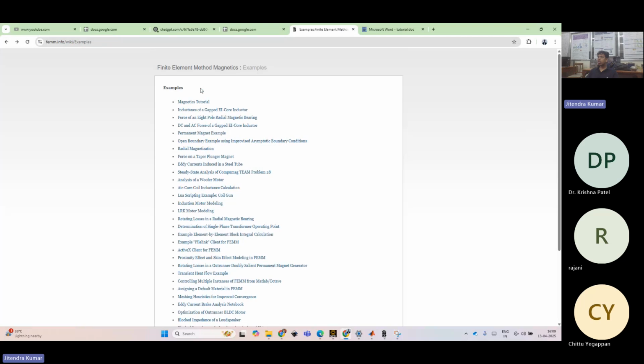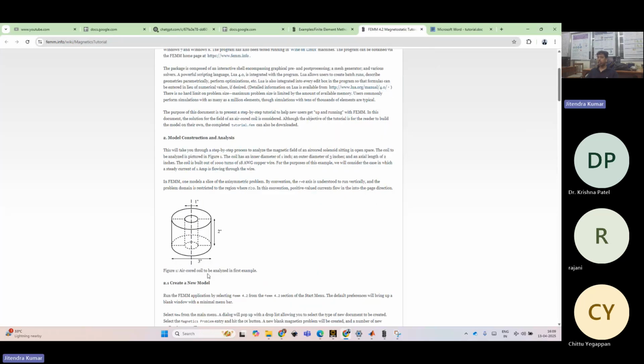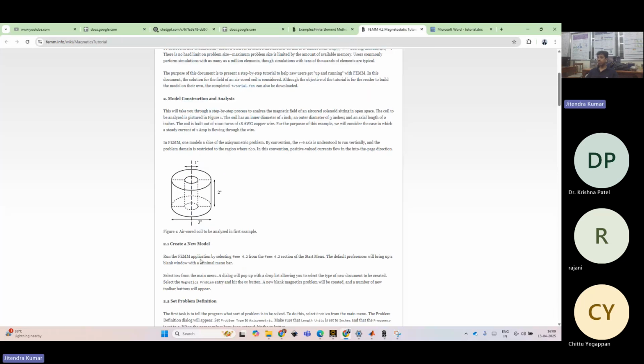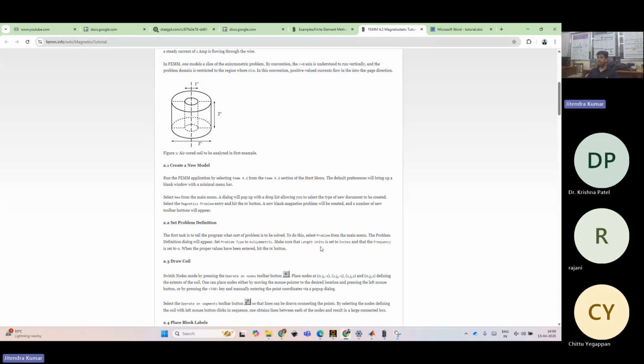It would be better to go with the first example, the magnetics tutorial. You open it, you will be able to see how to model this kind of air core coil, right? Step by step things are mentioned. Let me zoom it.